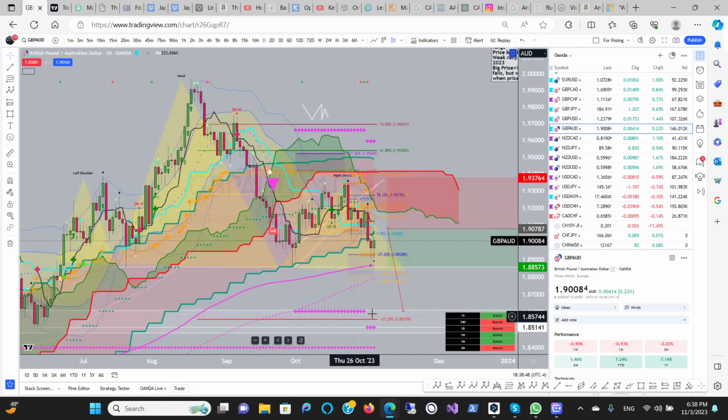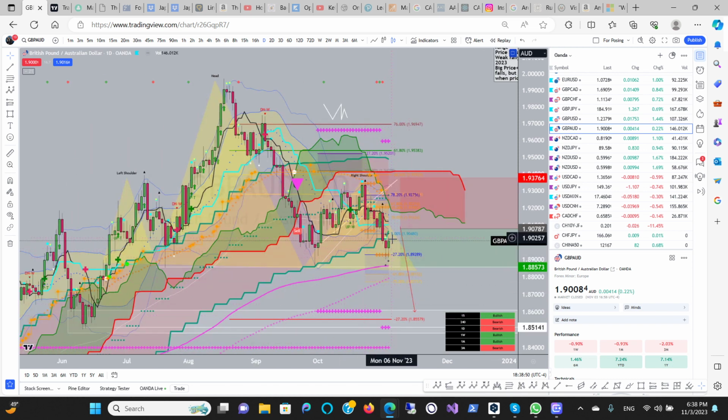So maybe this is some profit taking here. Maybe I will just re-enter GBP AUD, and GBP will start falling next week. It seems that way. Maybe there's going to be a little retracement up, hit this Kijun level here. Maybe the Kijun and the Tenkan will twist, giving us a sell signal, and this will be a pullback.